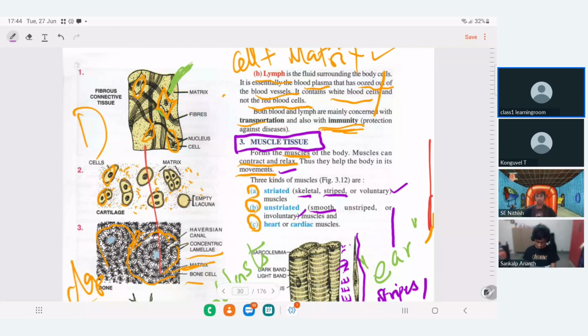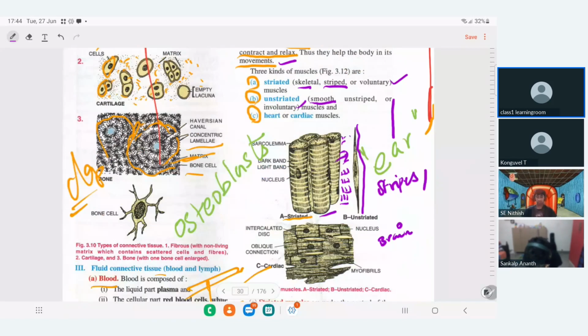There are three kinds of muscles: one is called striated muscle, second is unstriated muscle, and third is cardiac muscle. Striation means a dark and light banding pattern all over the tissue. That is called striated muscle.